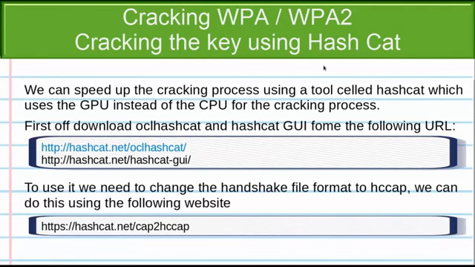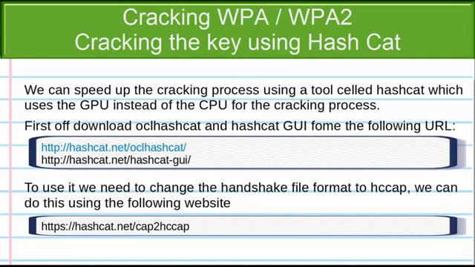Now, we've talked about 3 different methods of cracking the WPA key. There are a lot of other methods to do that. There are also online services where you can just upload your handshake file, and they have huge word lists and supercomputers that will try to crack your password by running those huge word lists against your handshake file.